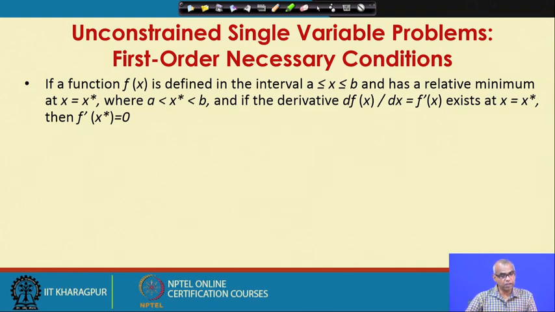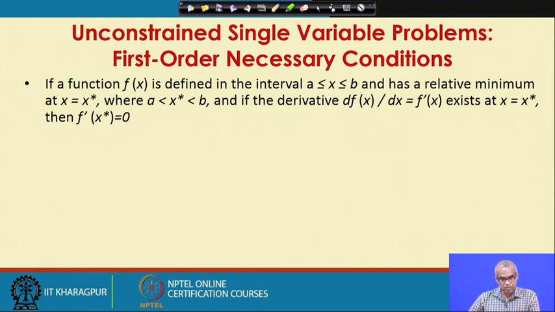If a function f(x) is defined in the interval a to b and has a relative minimum at x equal to x star, where x star lies within a to b, and if the derivative df/dx exists at x equal to x star, then the value of the derivative at x star is equal to 0.